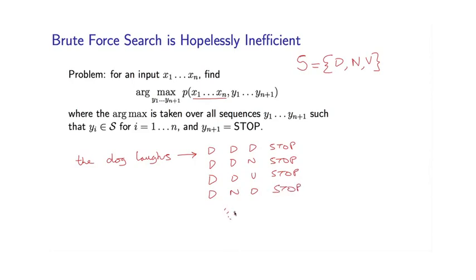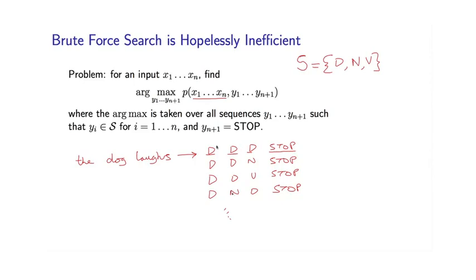Each valid tag sequence simply has one of these three possible tags at each of these positions, followed by the stop symbol. And so we could conceivably just go through each of these tag sequences in turn.